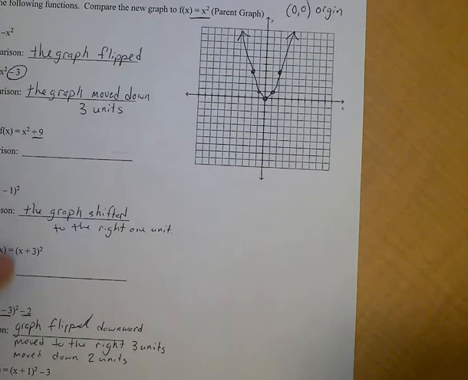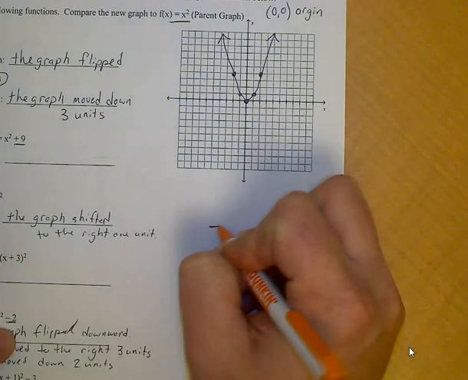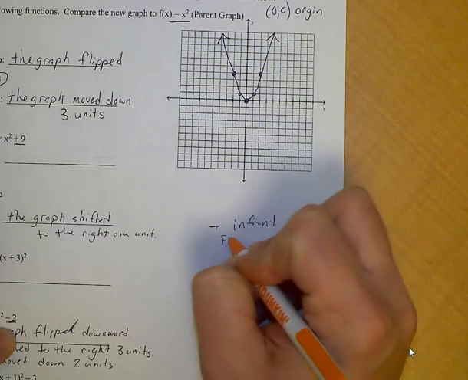Alright, maybe we can write here a few rules real quick. So a negative in front flips the graph.